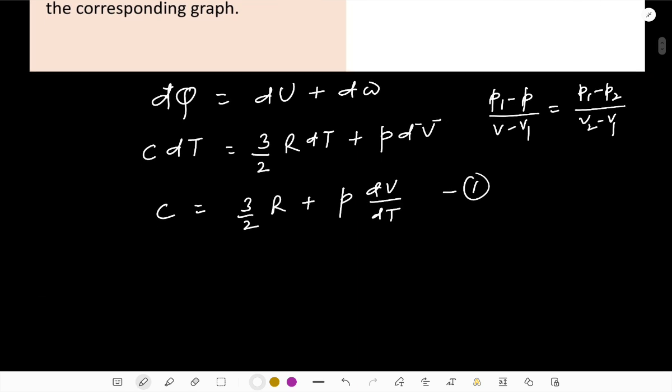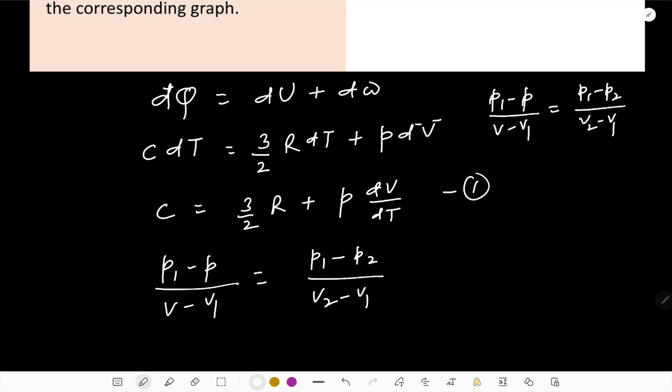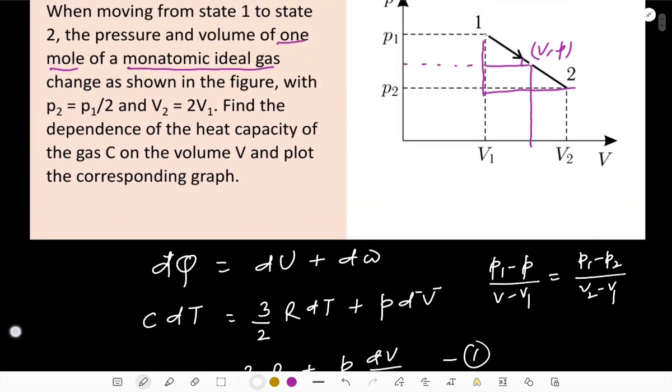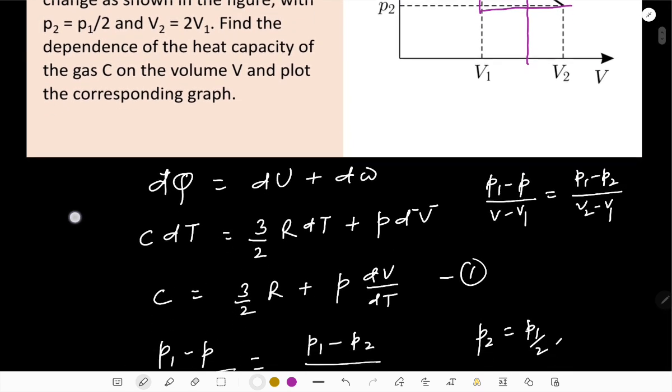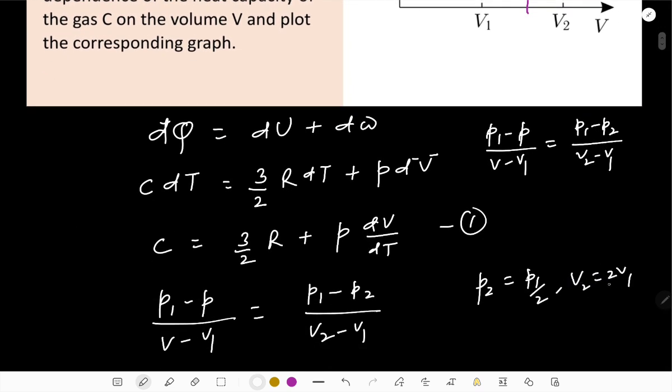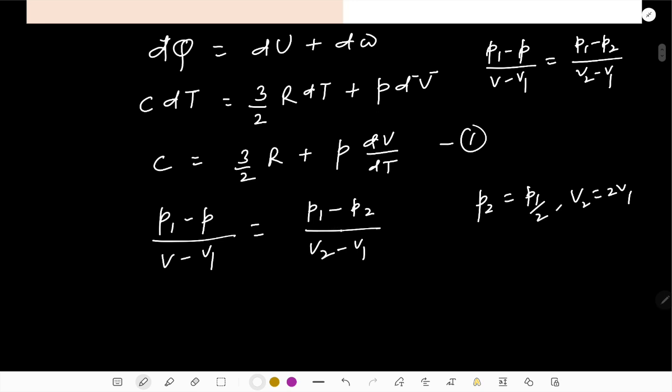So we have P1 minus P by V minus V1 equal to P1 minus P2 by V2 minus V1. Just wrote it again. And we have many things like it is given in the problem. P2 is P1 by 2 and V2 is 2V1.